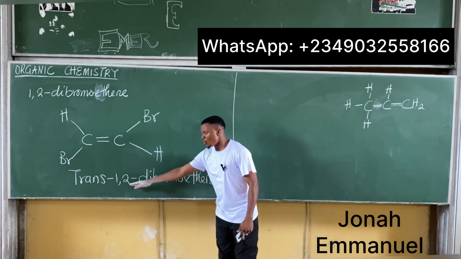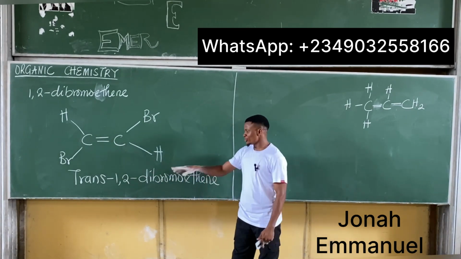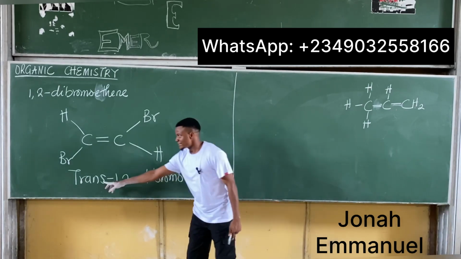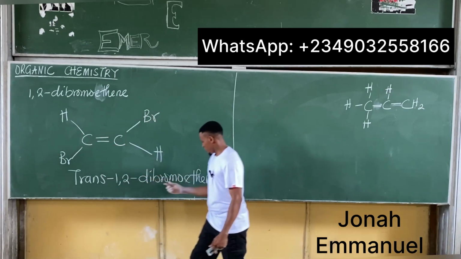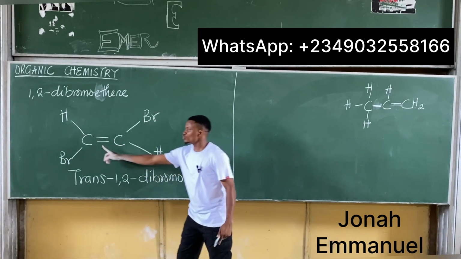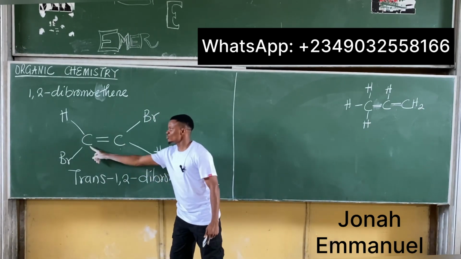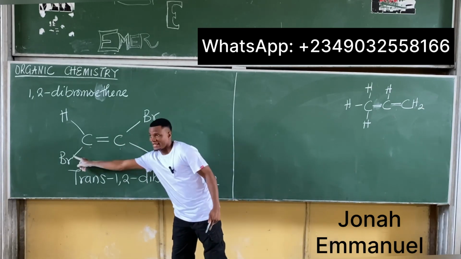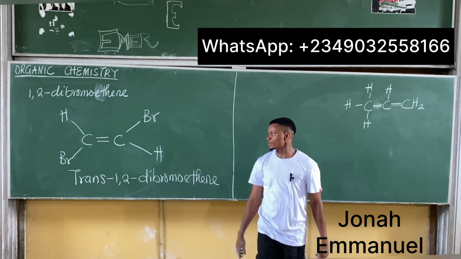That means there can be no 1,1, there can be no 2,2. So me saying 1,2-dibromo is like a tautology. So it will always be 1,2.